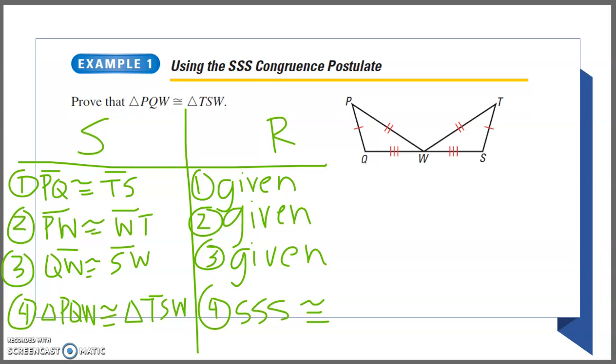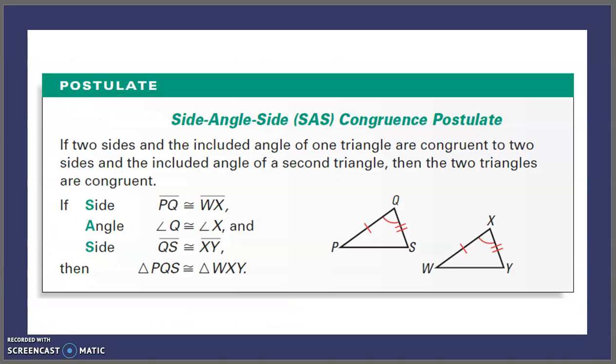All right, now, there's also another way to prove triangles congruent outside of listing all 6 pieces, and that's by the side angle side congruence postulate. So notice again, there's only 3 things that we have to conclude in order to prove the triangles congruent.